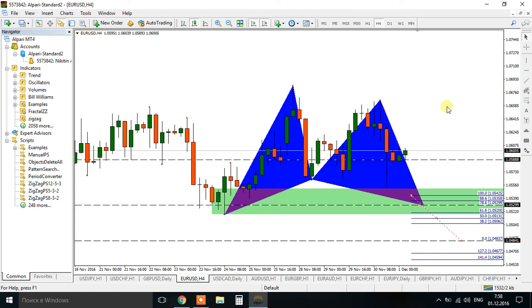Your risk is less than your reward. Even if you have a 50-50% accurate strategy, when your risk is smaller than your reward, you will generate money in the long run. Hope you understand those probabilities of trading.